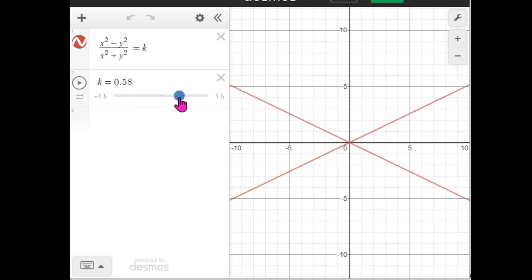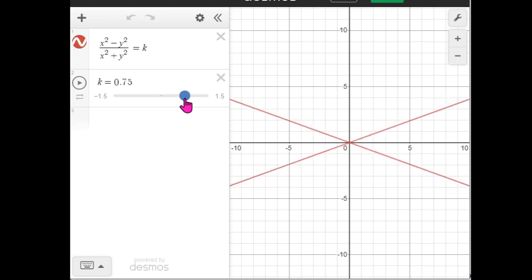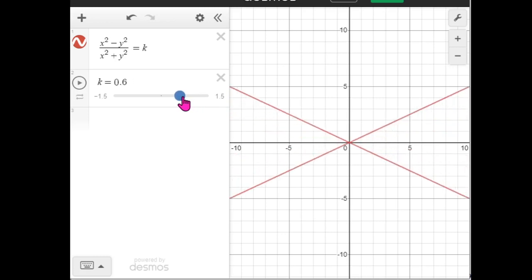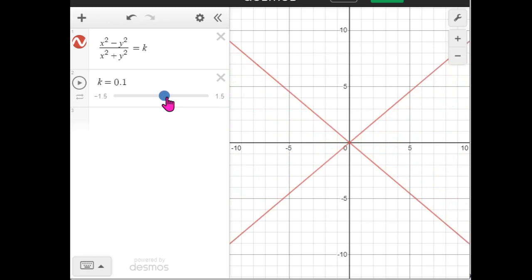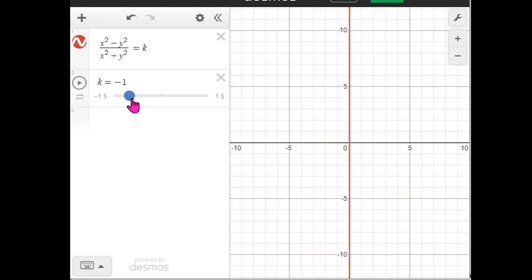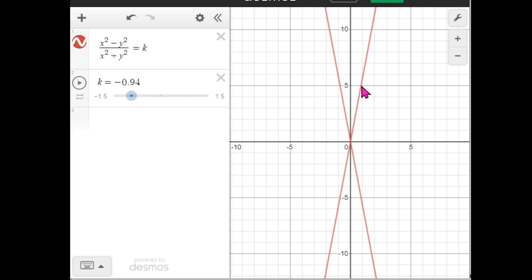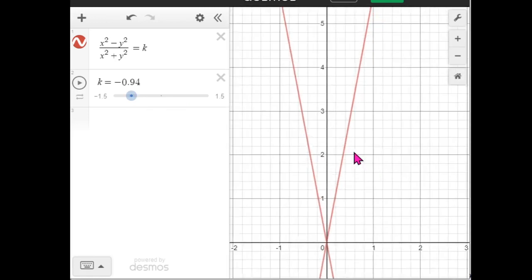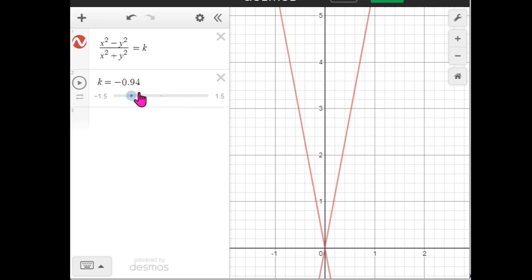And if we set k to be 1, it should be the x-axis, but the computer's having a little trouble with that. And then let's set k equal to -1. Oh, the computer did fine with graphing that. Anyway, I wish I could click on a point to show, but right now we've got -0.94.